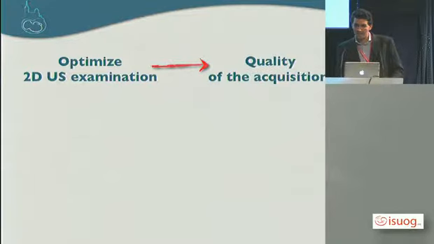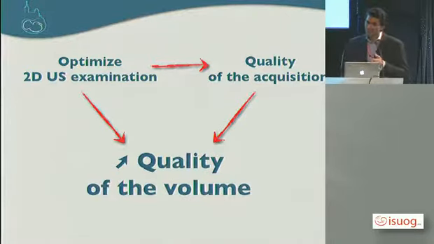It's a little bit funny, because at the beginning of this topic we said that this field was meant to decrease the dependency on the skill of the operator, but here it's possible to say that different things will interact with the quality of the volume acquisition. At first, the 2D settings, then the quality of the acquisition, and then both of them together will have consequences on the quality of the volume rendering.